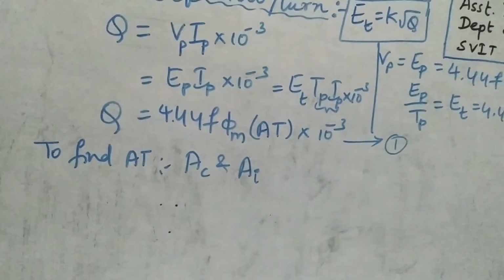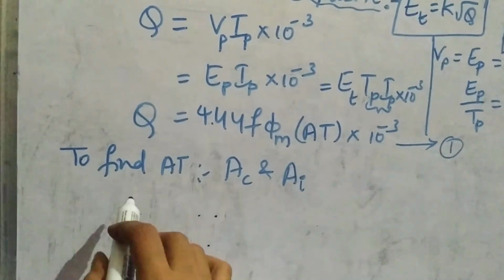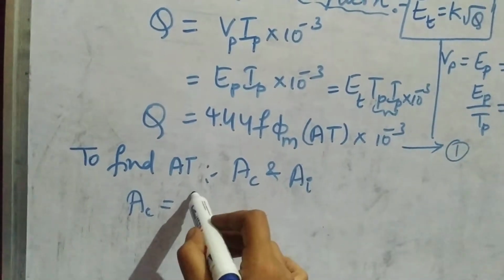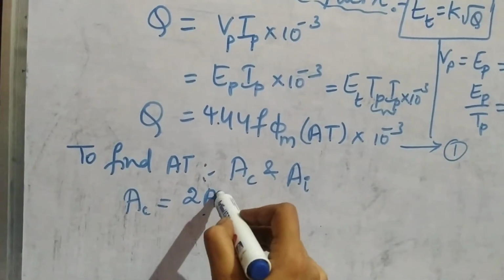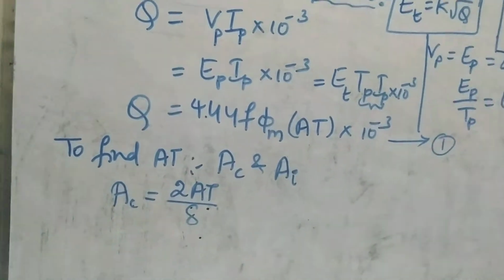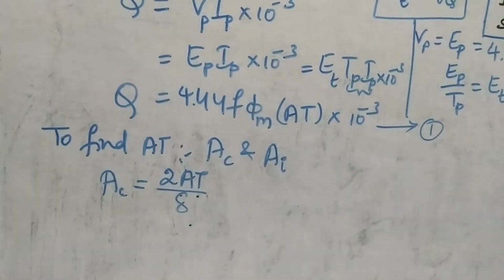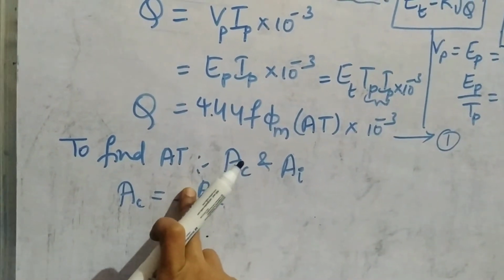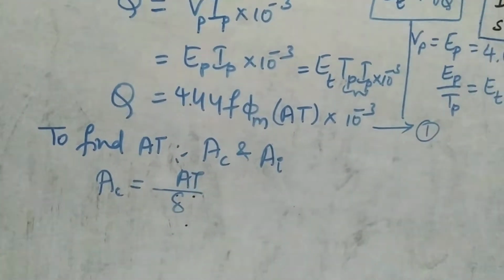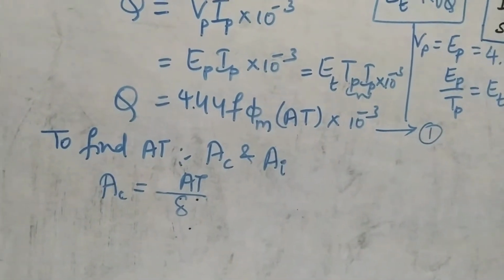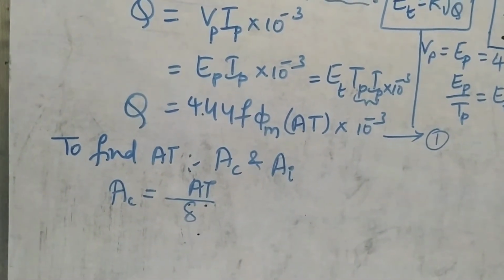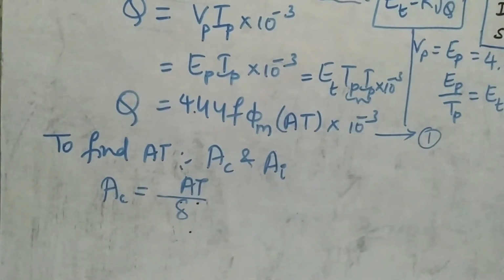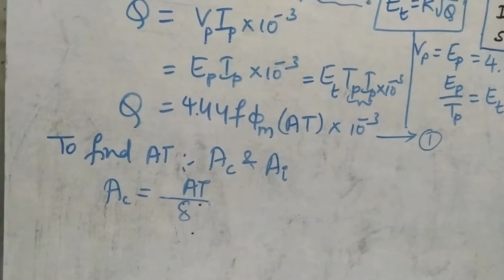Let us find out what was the AC in the single phase transformer. We got the value as 2 times AT divided by delta. In general, I can write AC as the ampere turns divided by delta.